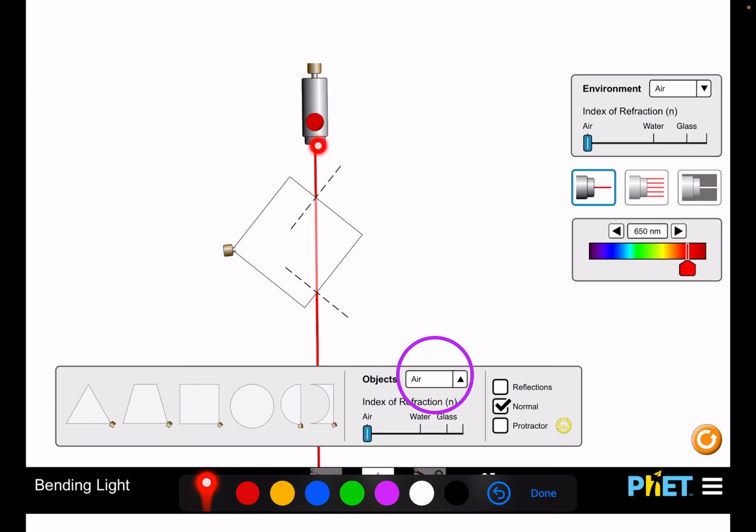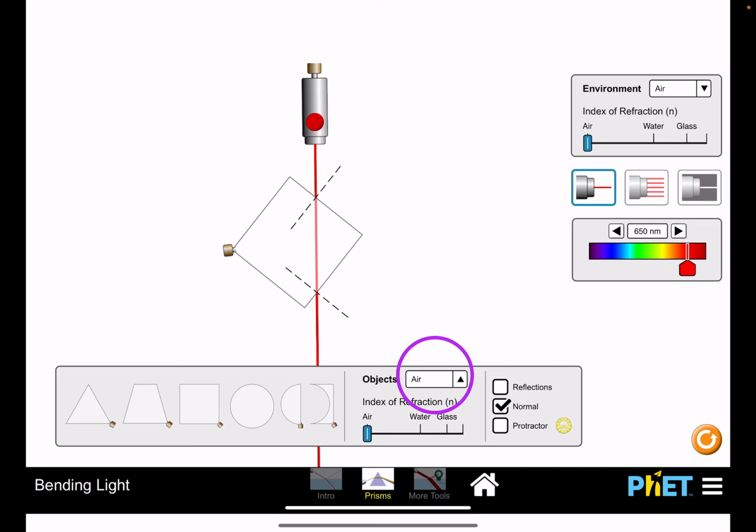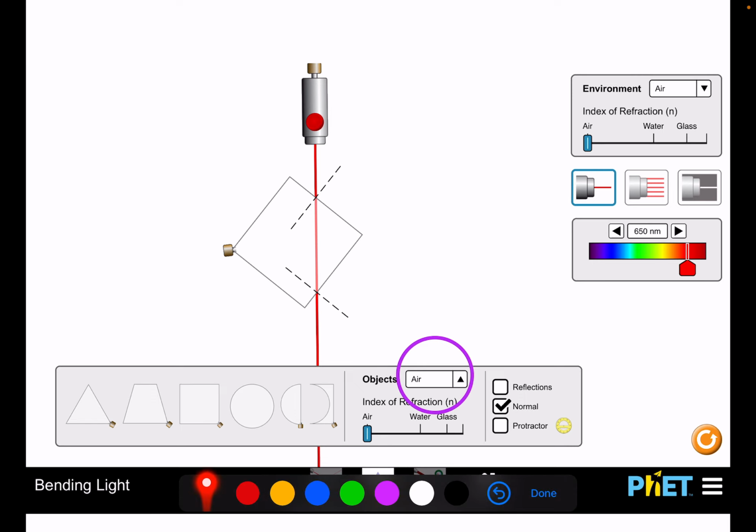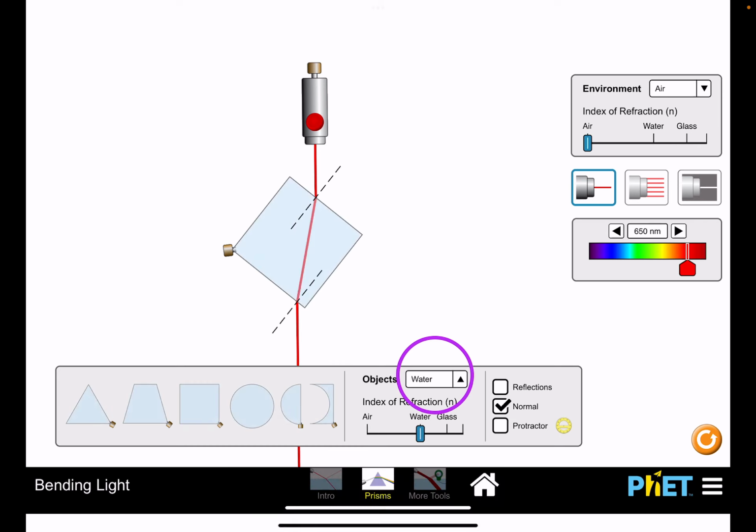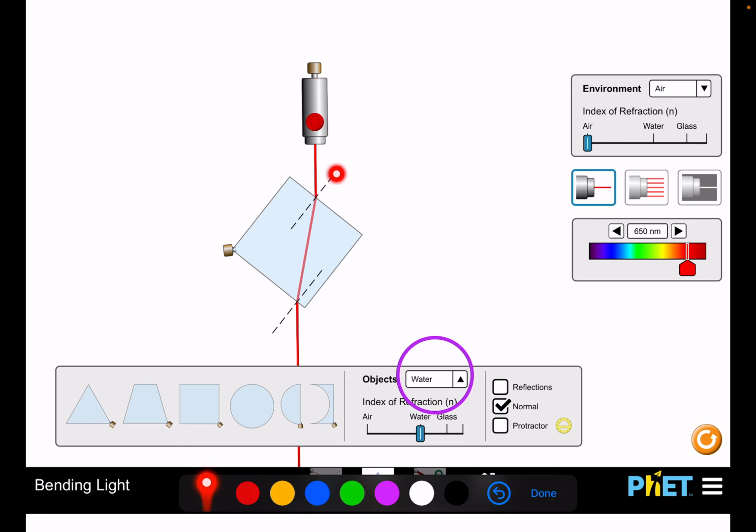Since it is the same medium, there's no change in the direction of the laser light. When we change the medium inside the box to water, the light ray changes direction. It bends from air into water and back into air again.